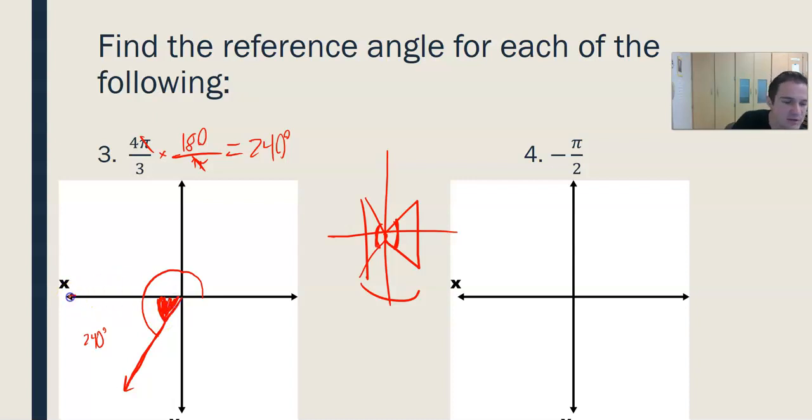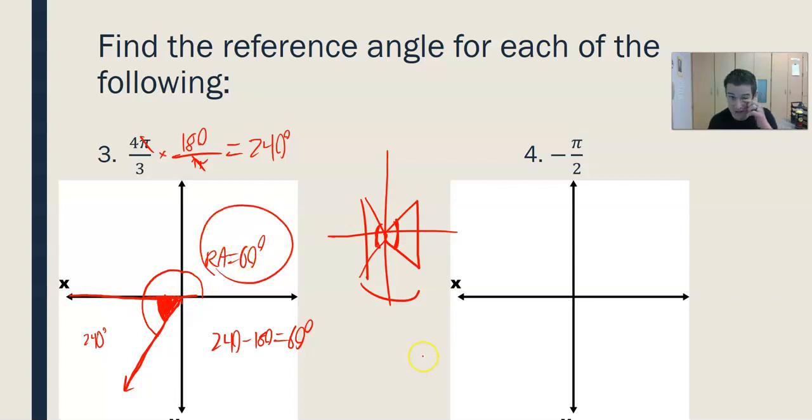So the angle between 180 degrees here up to 240. So how much of an angle do I need to take to get from 180 up to 240? Well, 240 minus 180 is 60. So my reference angle here is 60 degrees.